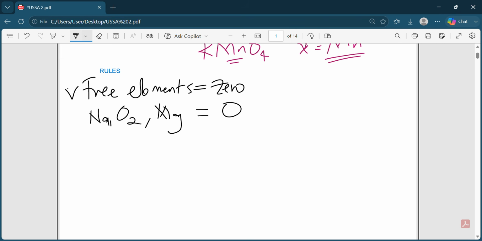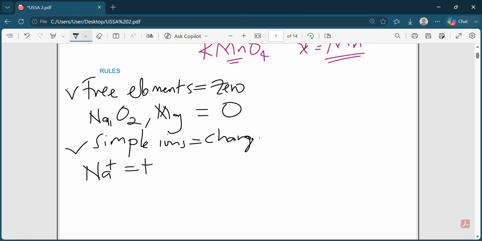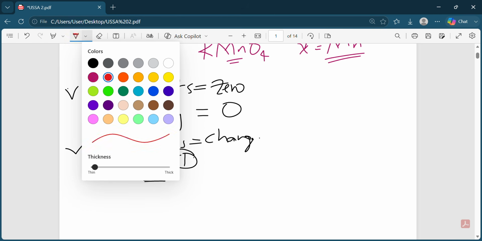Secondly, if we are having simple ions, their oxidation states are also equal to their charge. For example, if we are having an ion of sodium, its oxidation state is +1. Note it is a plus, not a superscript plus. This is specifically wrong.